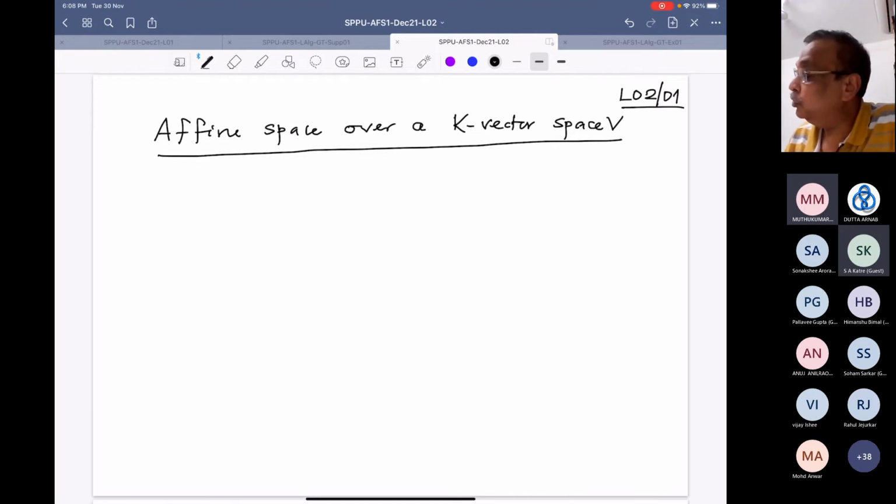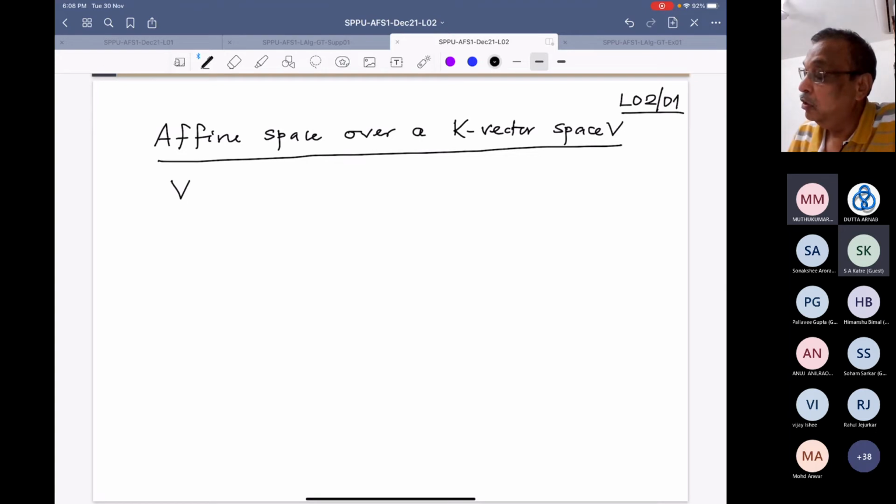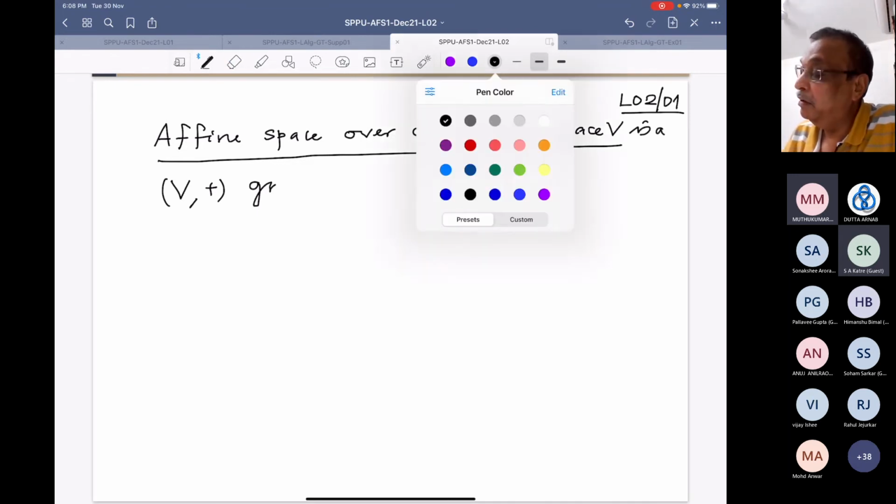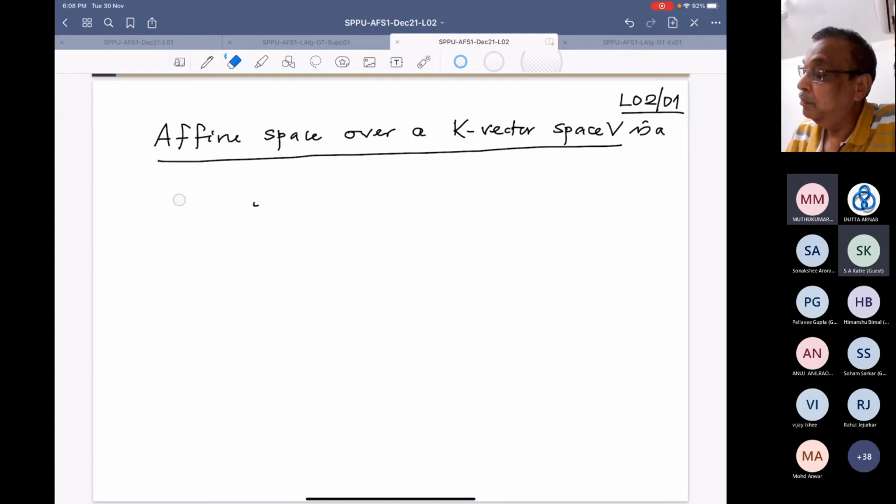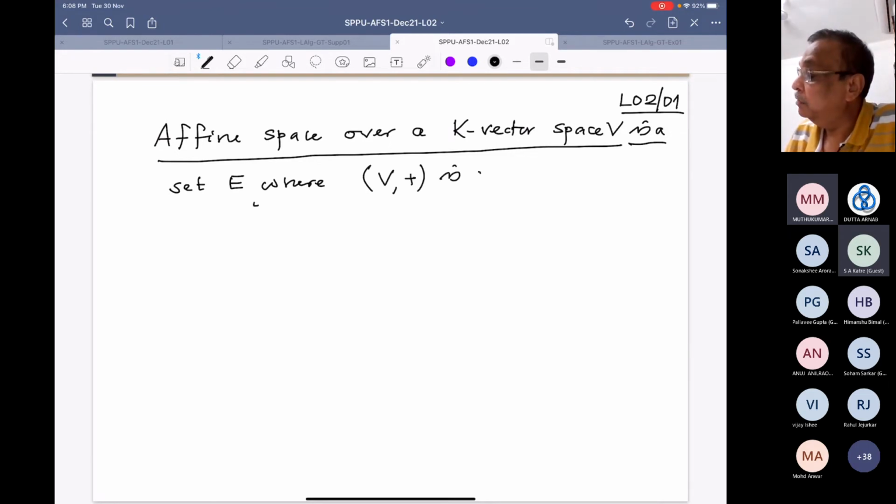So V, the vector space we have given. So therefore V plus is an abelian group. And this group, so it is a set E, a set E where V plus is operating.